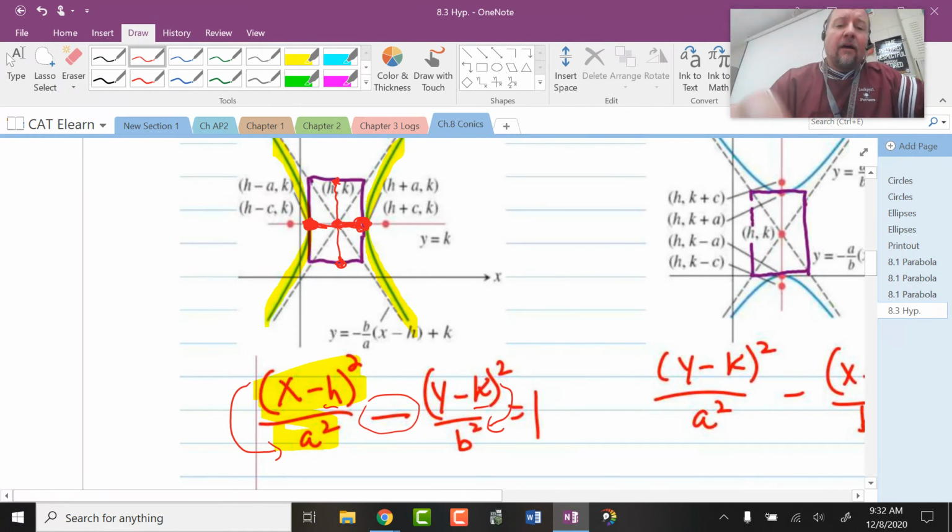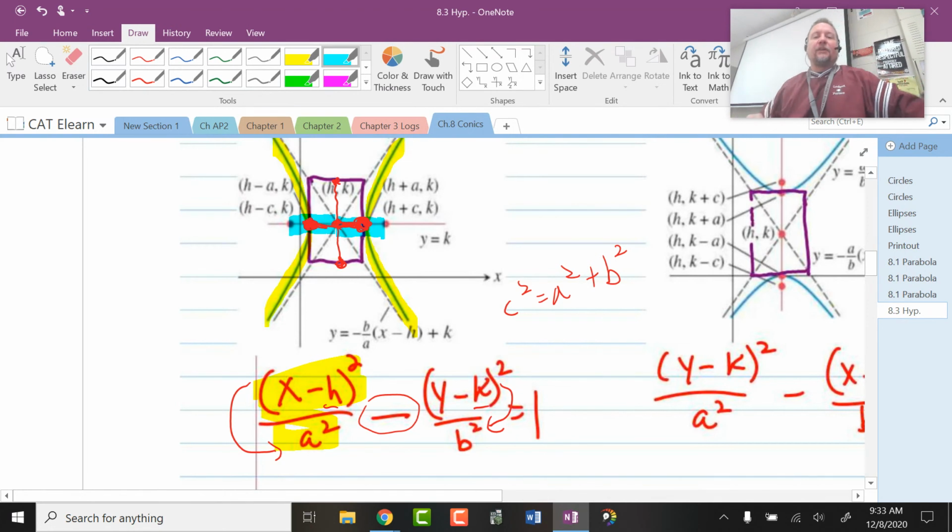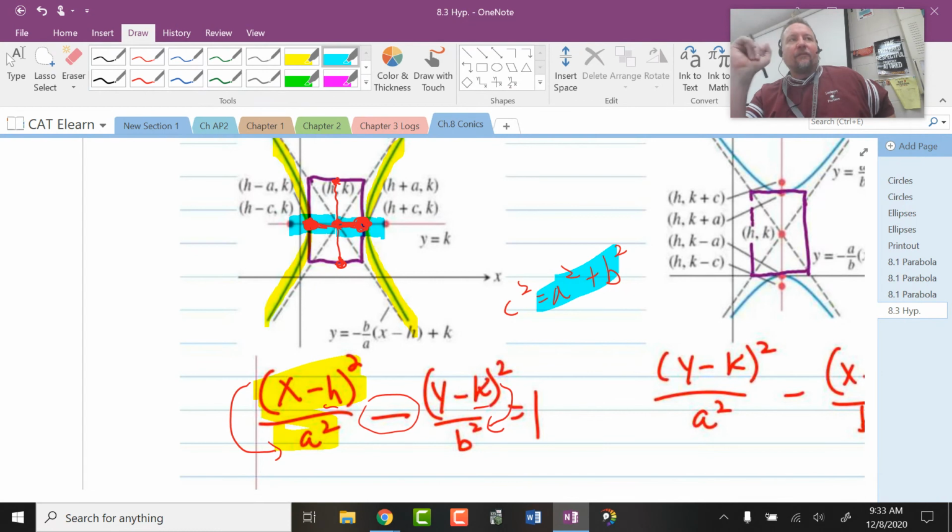And then all we'd have to do is our c squared equals a squared plus b squared to get our C move. And our C move is the foci. And notice that the C value is bigger than the move to get the vertices. That ensures the foci are in the bowls. So that is why you should never make a mistake on how to find the foci.